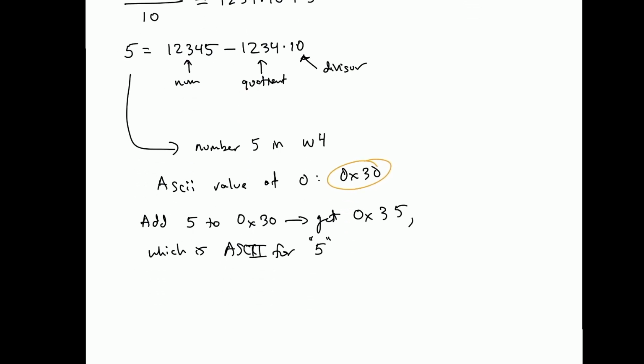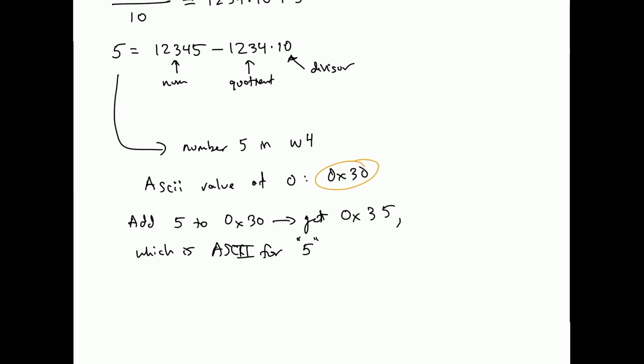Okay, so if I take 30 hex and I add my remainder to it, which in this case was 5, I get 35. And guess what that's the ASCII code for? The digit 5. Okay, so now I have the actual ASCII thing. I have a character for the digit 5. Yes? I should store that someplace.